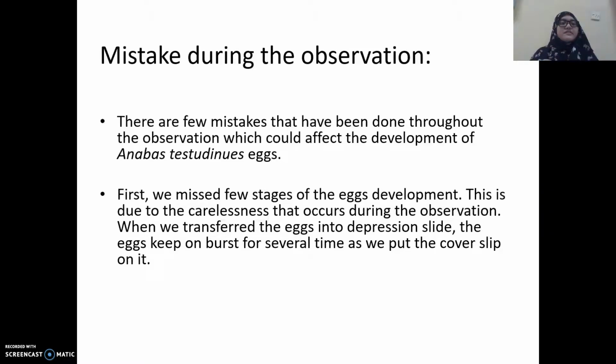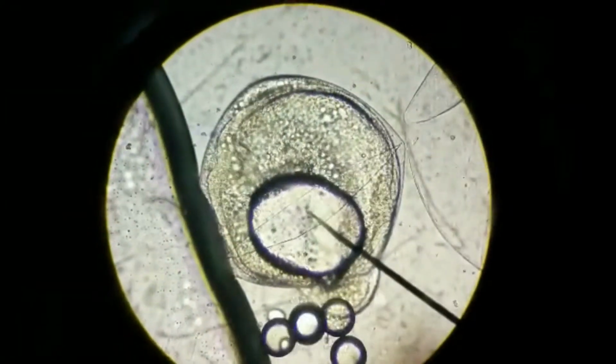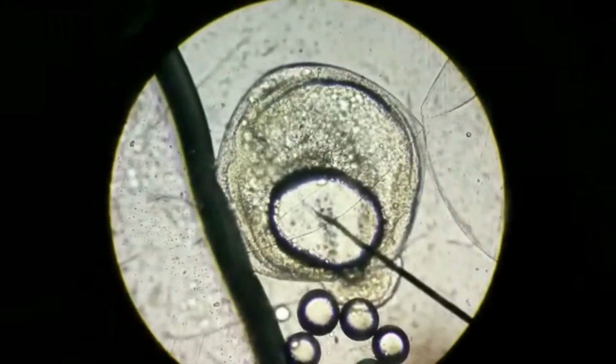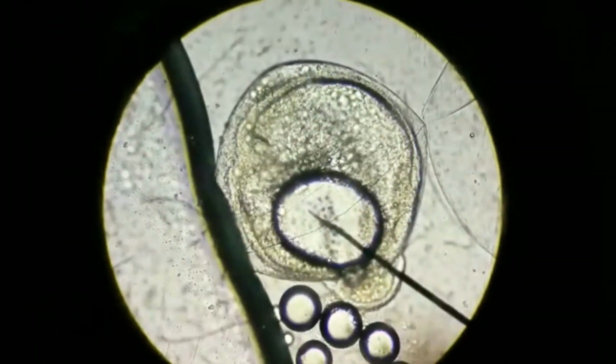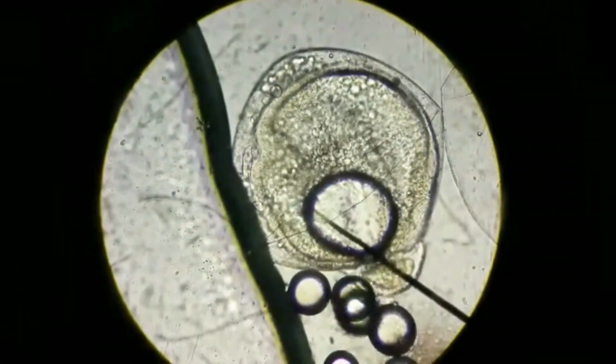First, we missed a few stages of the egg development. This is due to carelessness during the observation. When we transferred the egg into the depression slide, the eggs kept bursting a few times as we put the cover slip on it.